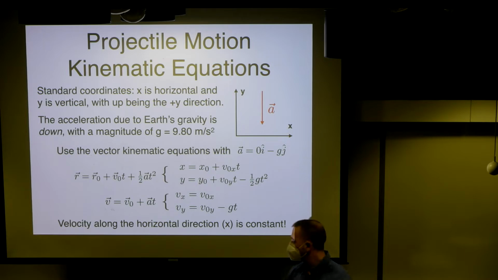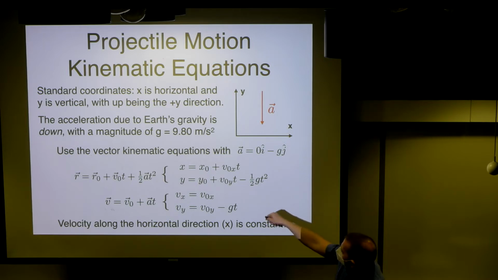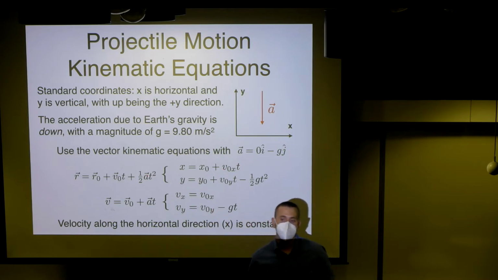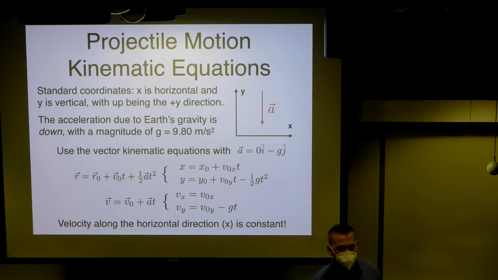So that's what we're going to do here. For the x motion, my final position is x, my initial position is x naught, my initial velocity is v naught x, so I'm just picking out the x component of that velocity, times t. But check this out. In the x direction, we don't have any acceleration, right? So I don't have a third term that goes right here.